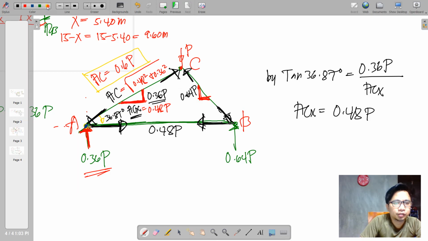And if we consider the angle here, say this is 53.13 degrees, then we can obtain CBX by a simple tangent function.